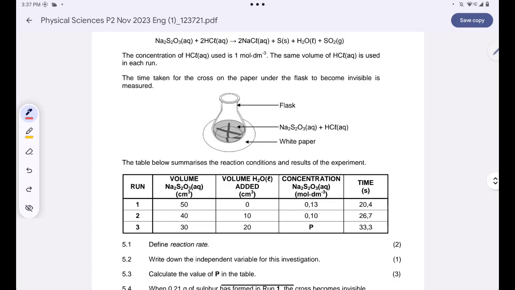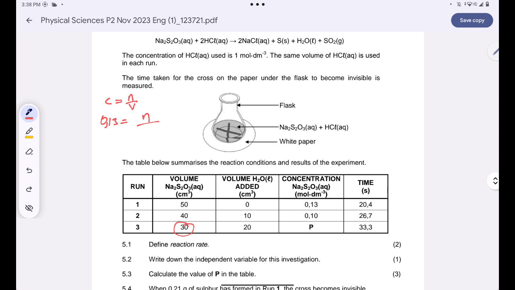So for the number of moles of my pure sodium thiosulfate, I know that concentration is n over V, right? Initially the concentration of my sodium thiosulfate without water being added is 0.13. Are you together? And my volume in reaction 3, I've only used 30 cubic centimeters.